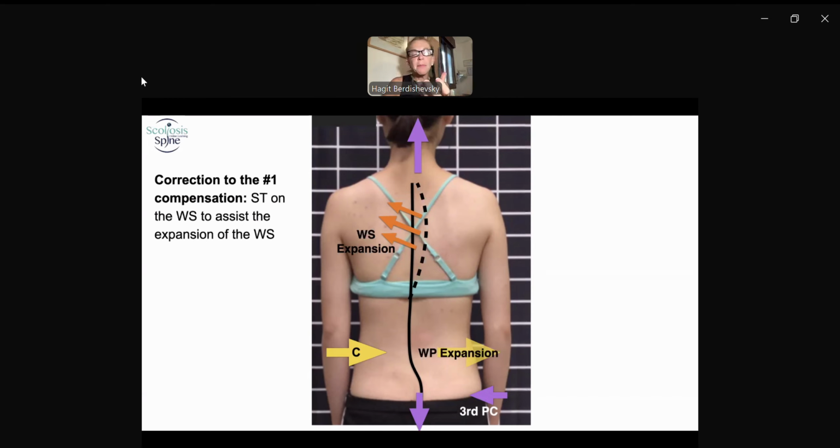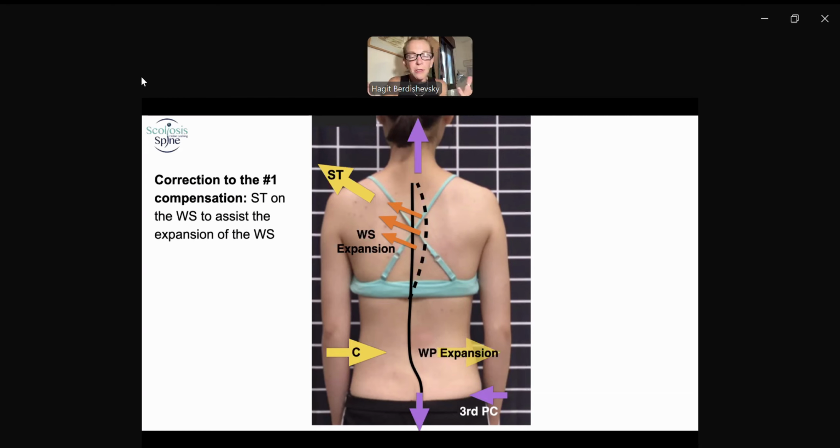I will tell the patient, hey, don't push your lumbar too much to the right. Don't let your ribs go to the right, your thoracic go to the right. Start to expand your weak side. And to assist it, I will give a little shoulder traction on the left side to help.